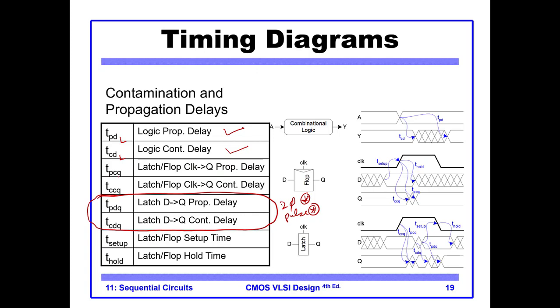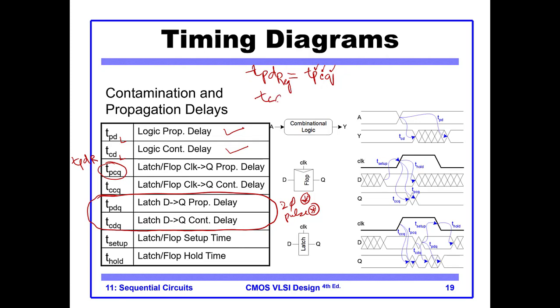And the latch/flip-flop clock to Q propagation delay is TPCQ. In the previous slides we called this TPD R, where R stands for register. So TPD R is also called TPCQ, where P stands for propagation and C stands for clock to Q. So the time from clock to Q output.